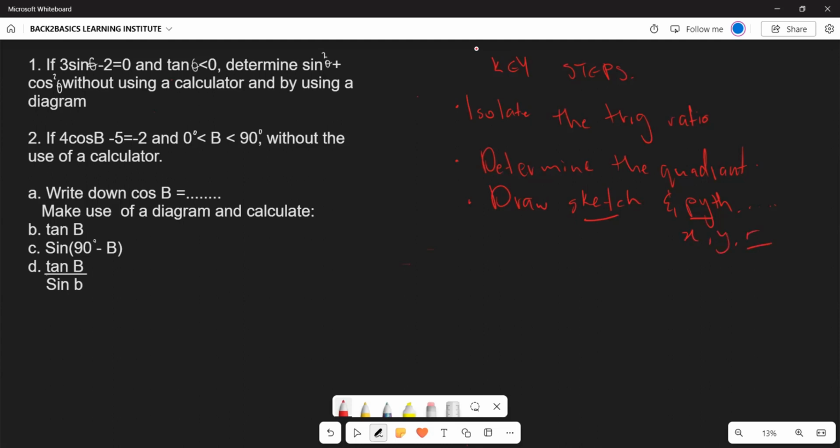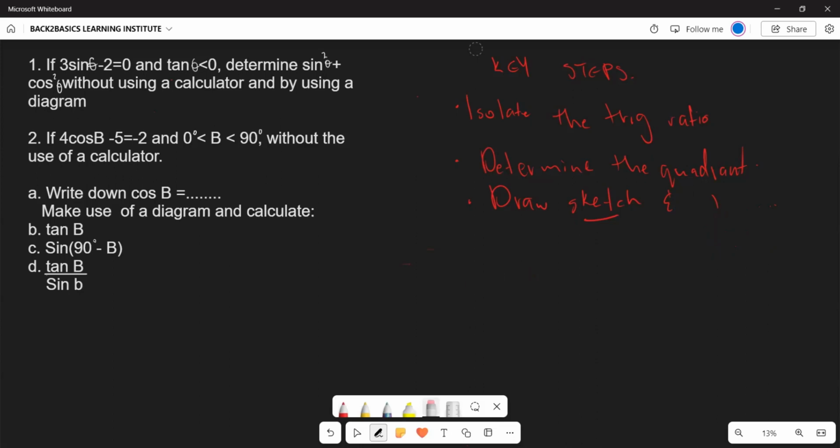Then the last step is to answer the question that you are required to do. Okay, so these are the key basic steps that you need to follow in order to solve all of these questions successfully.